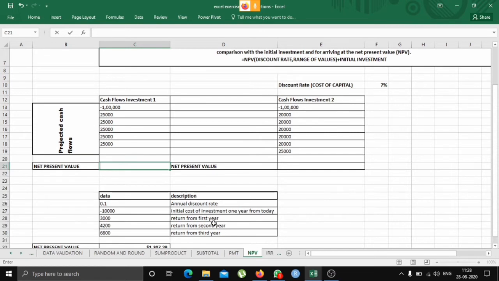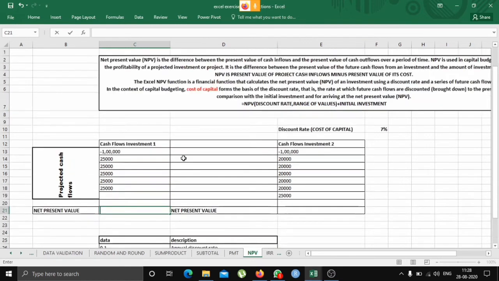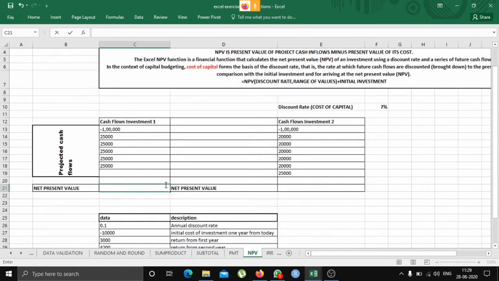we'll proceed further to learn NPV, that is the net present value function. Net present value is nothing but the present value of all the cash inflows which are going to occur, minus the outflow which occurred at the initial time. So now let's calculate the NPV using the NPV function. You need all the inflows and one outflow, and also the discount rate, which is 7%.